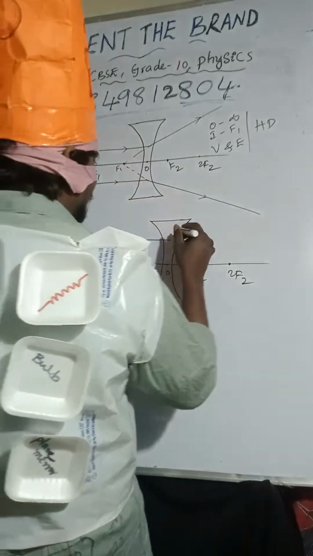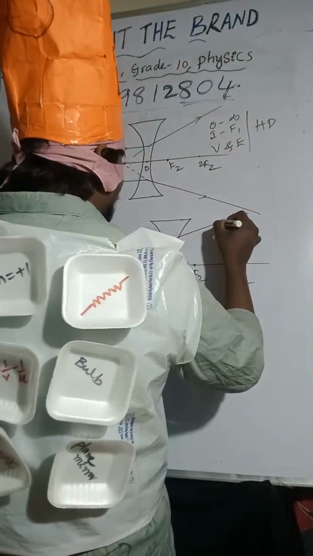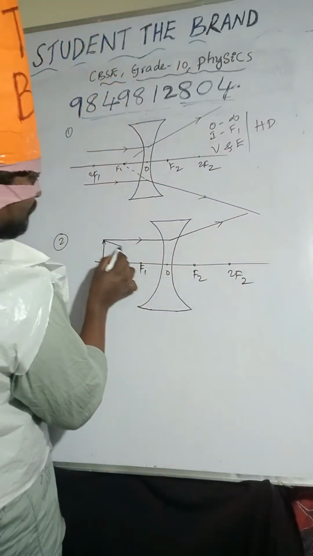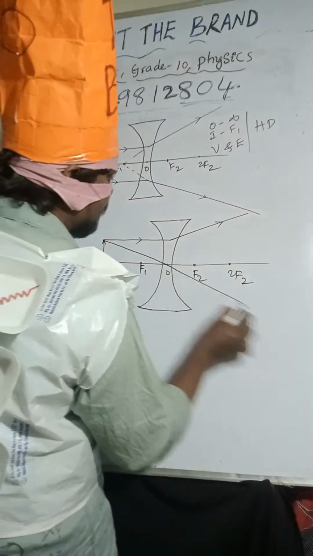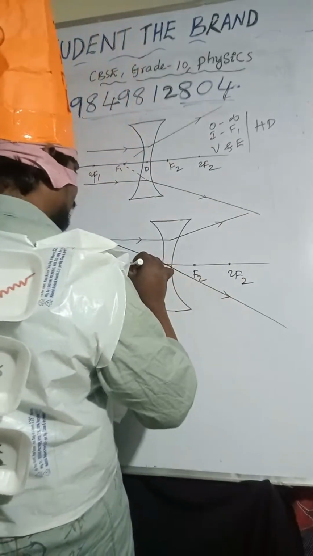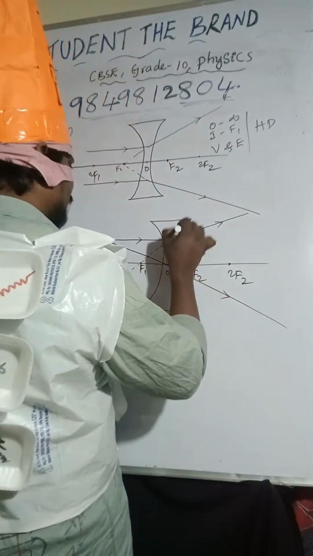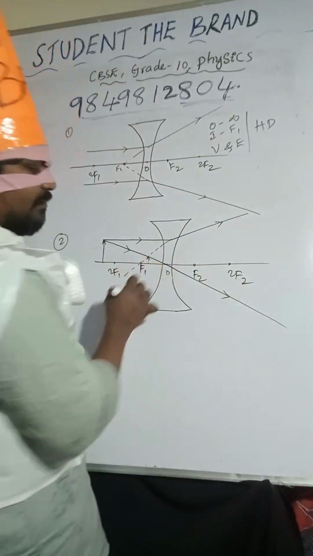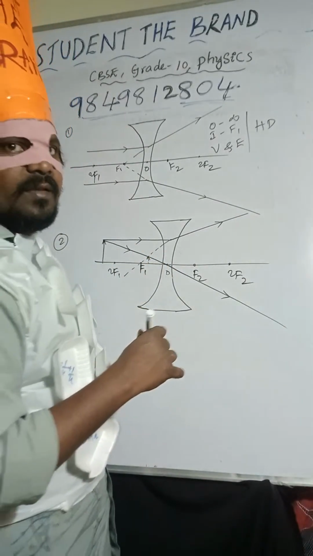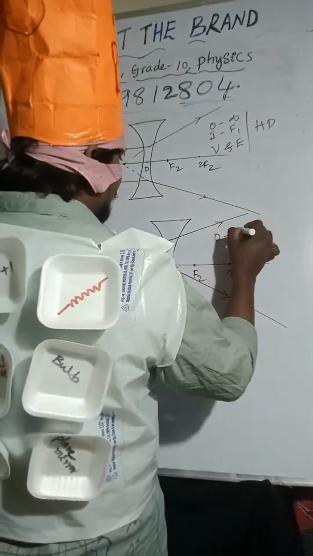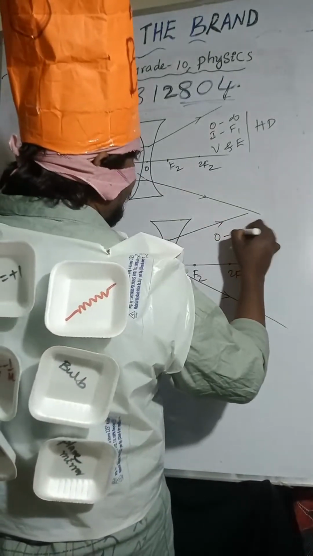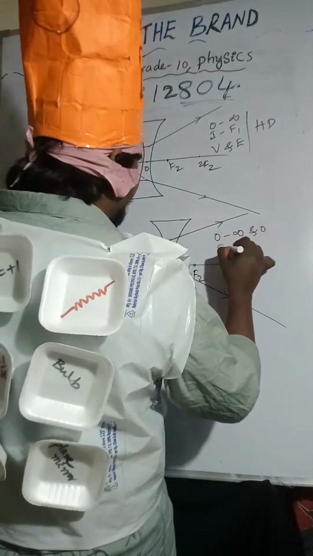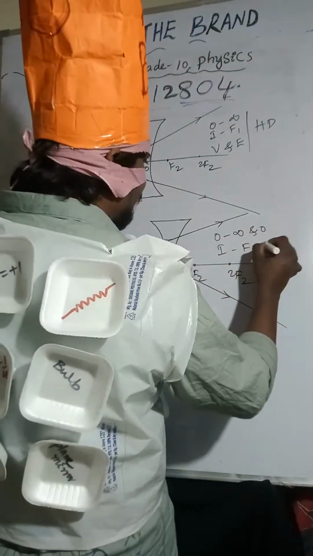One light ray I'm taking, so it will be diverged. Another light ray is passing through optic center. So the image will form between F1 and O. Okay, so object is placed between infinity and O. Image is forming between F1 and O.